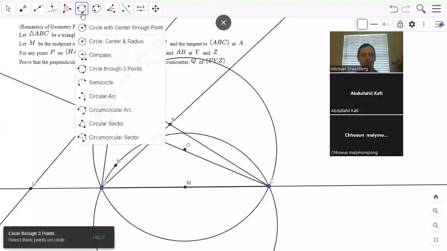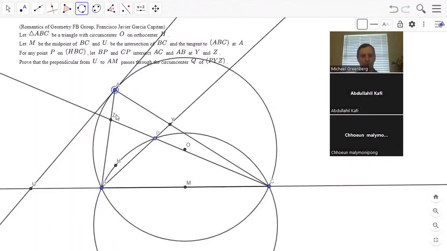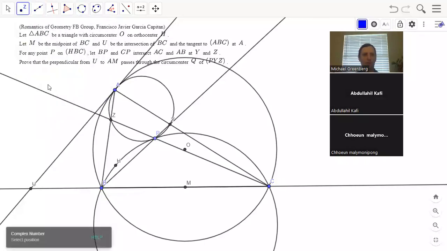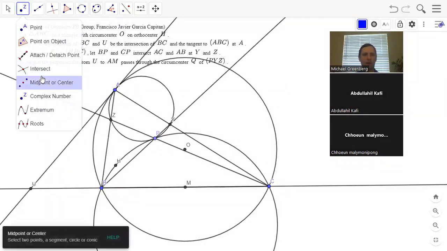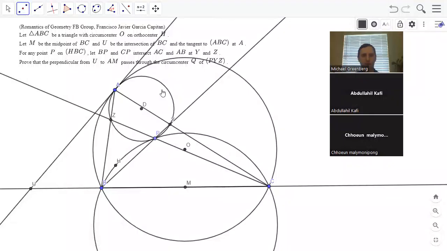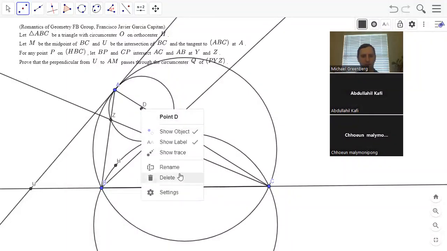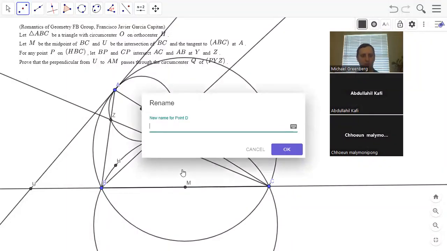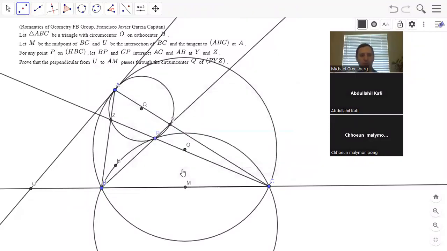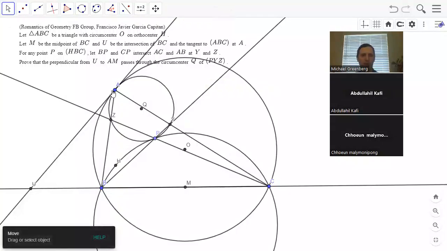And actually, in the Facebook group, the first part of the problem is to show that AZPY is cyclic. But that's not too hard, so I'll prove that. But the main part is we want to show that the perpendicular, basically UQ, is perpendicular to AM.